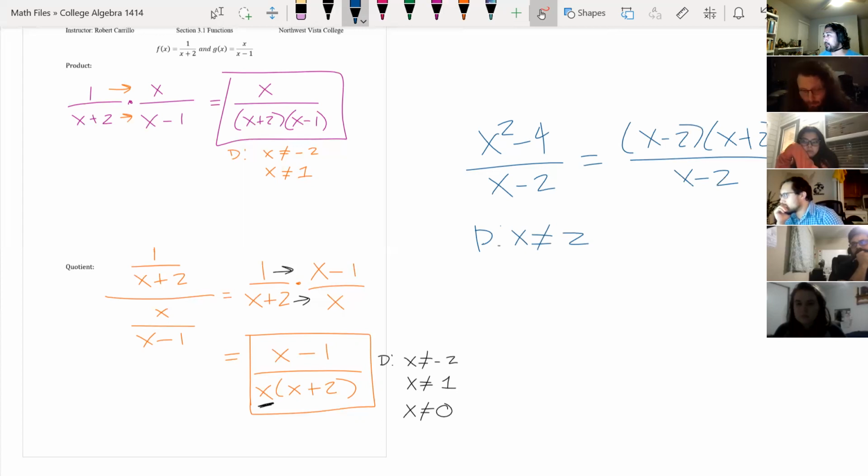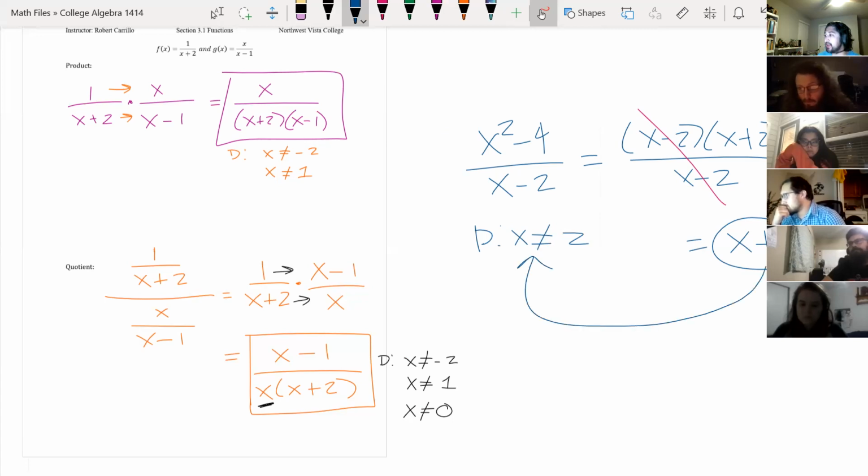And what's going to cancel here? Your x minus 2's. So we get a totally new function, x plus 2, which is a polynomial function. But remember, no matter how much you reduce, this polynomial function still has to abide by this domain. So the original function is what's most important.